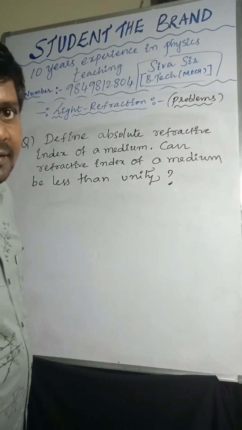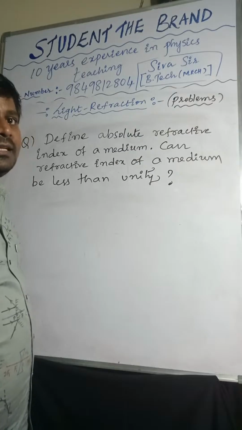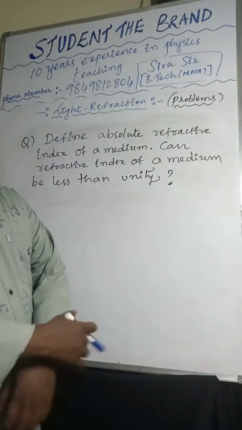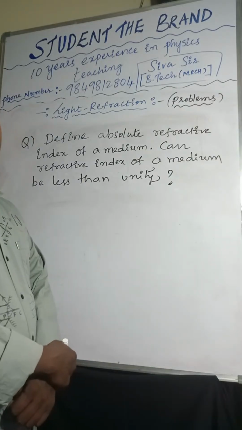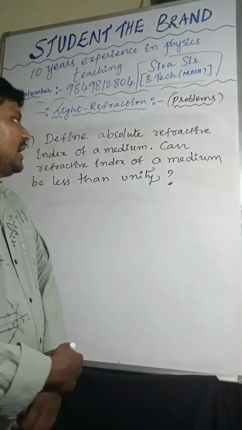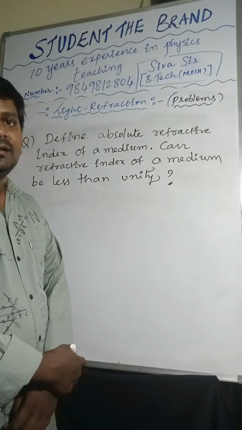Do you have any doubts? Or if you know the answer, let me know. They asked about absolute refractive index, and whether the refractive index of a medium can be less than unity.